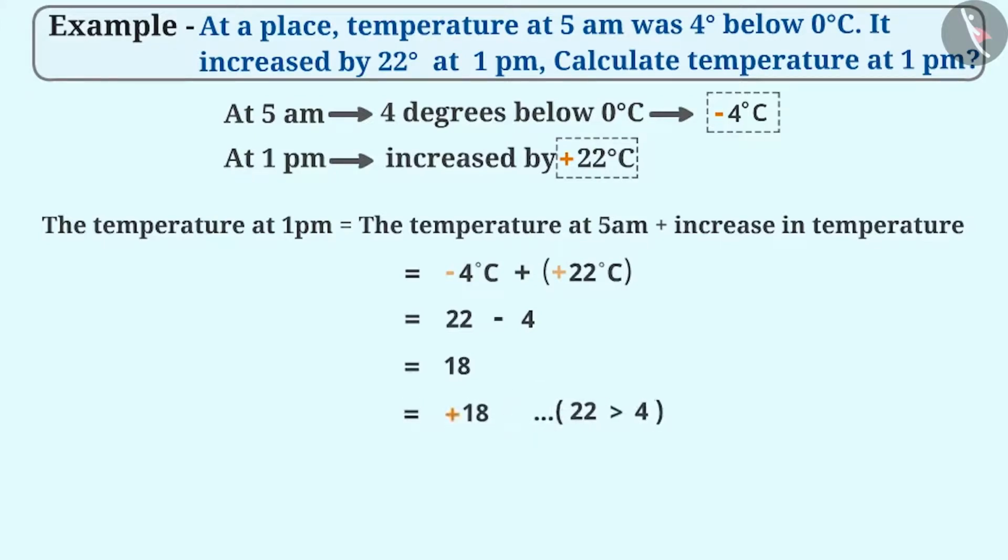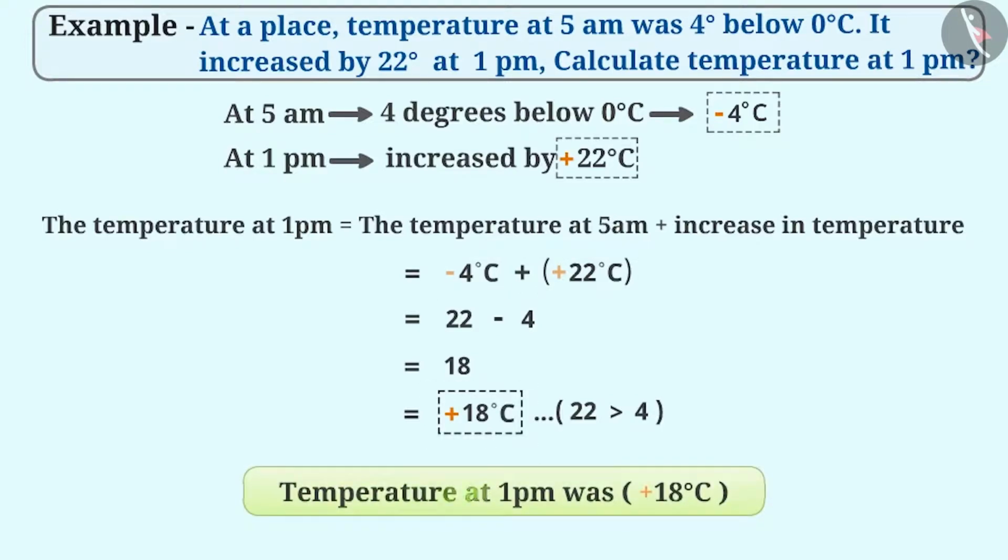This means the positive sign of 22. Therefore, the result of addition of -4 degrees centigrade and +22 degrees centigrade is +18 degrees centigrade. Thus, the temperature at 1 p.m. was +18 degrees centigrade.